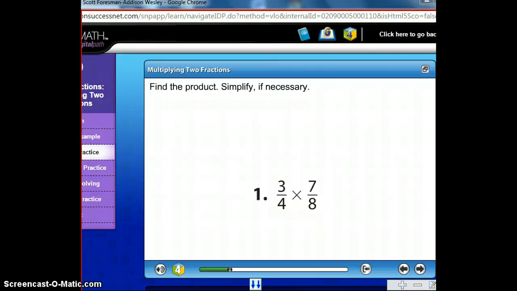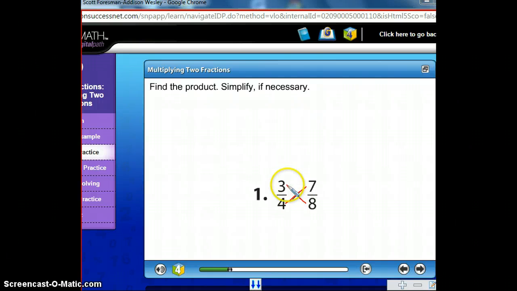I always prefer to make this X in the middle and look to see if I can cross cancel anything. Are we able to cross cancel anything in this problem? No. Kennedy? No. 3 and 8, I have no common factors. There's no number that goes into both 3 and 8. No common factor there. 4 and 7, no common factor there either.